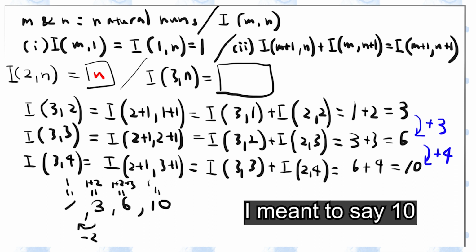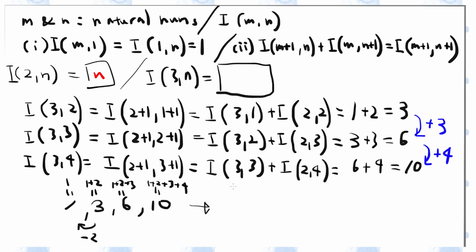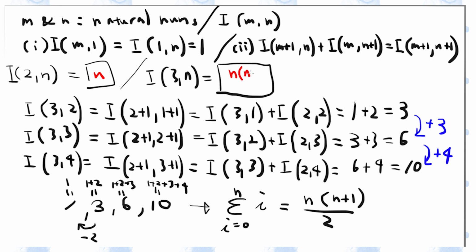And 10 is 1 plus 2 plus 3 plus 4. So this is the sum of all natural numbers up to n, which can be expressed as n times n plus 1 over 2. Therefore, I of 3, n is n times n plus 1 over 2.